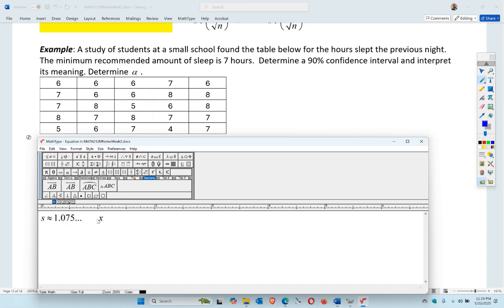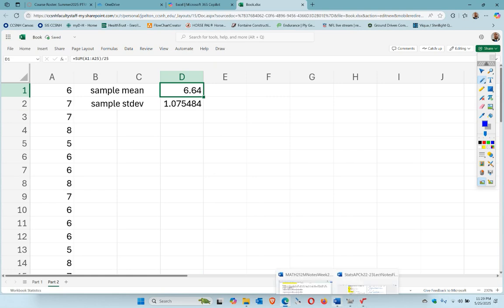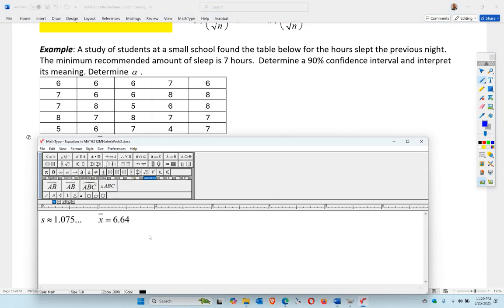And then the sample mean was, I think, exactly 6.64, wasn't it? Let me go back. Yes, that was an exact answer, right? Whereas the other one is an approximation. So there's our sample standard deviation. There's our sample mean, right? X bar is the sample one, and lowercase s is the sample one.